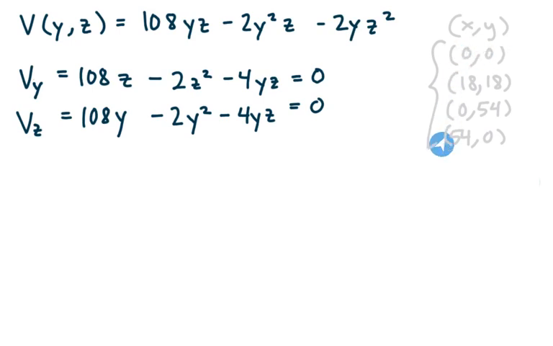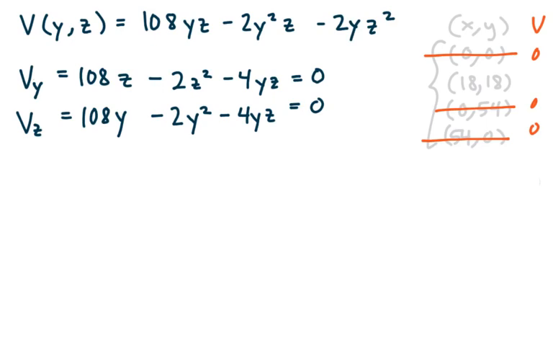Now, if I look at plugging these 4 values into my volume in terms of y and z equation, each of these terms has a y and a z. So 0, 0, 0, 54, and 54, 0, those would all zero out. They would produce a volume of 0, all 3 of those points. So they're clearly not the maximum.